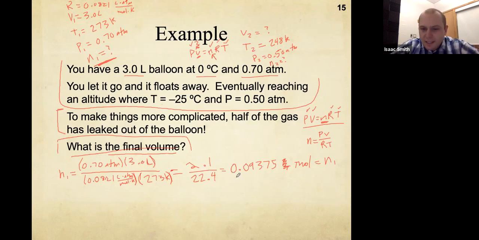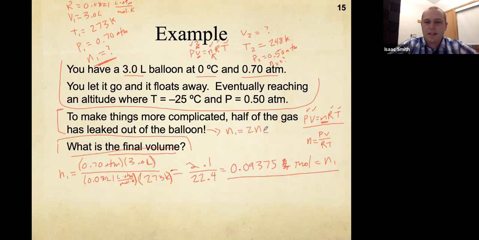And then once you get the number of initial moles, the light bulb might have gone on and said, oh, it says that half of the gas has leaked out of the balloon. Well, what this really is saying in terms of an equation is that N1 equals 2N2, right?